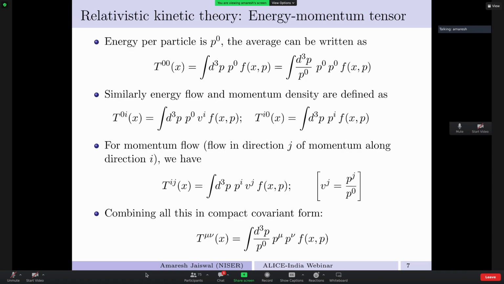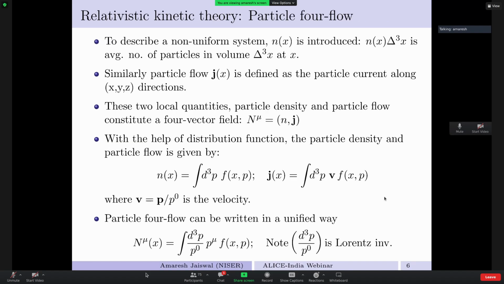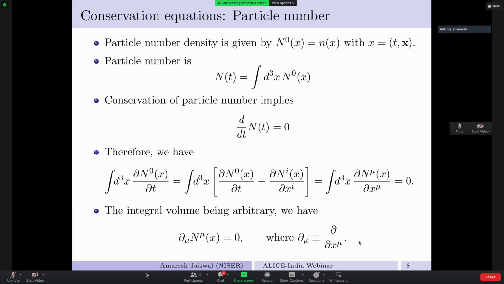Once I have defined my conserved currents, the particle current and the energy momentum tensor, let's see what the conservation really implies. We just saw that the particle number density is the 0th component of n mu, the particle four current. When I write normal font t, normal font x, that has time and vector x.